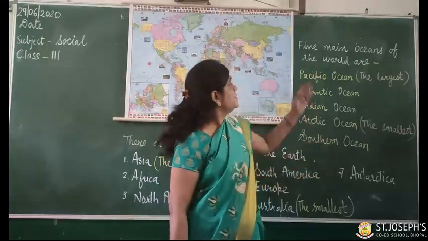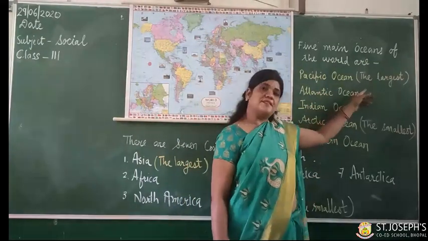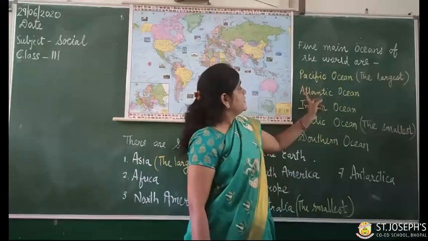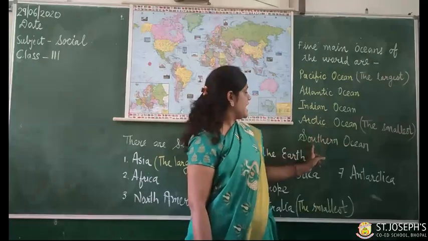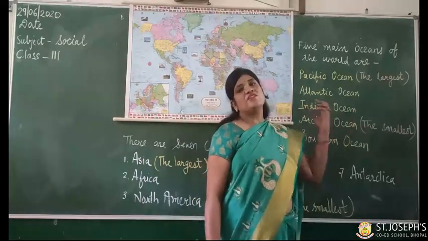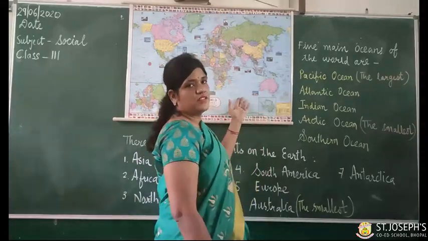Once again, children, the Pacific Ocean is the largest one. Then Atlantic Ocean, Indian Ocean, Arctic Ocean, and the Southern Ocean. Now I will show all these oceans to you on this world map.